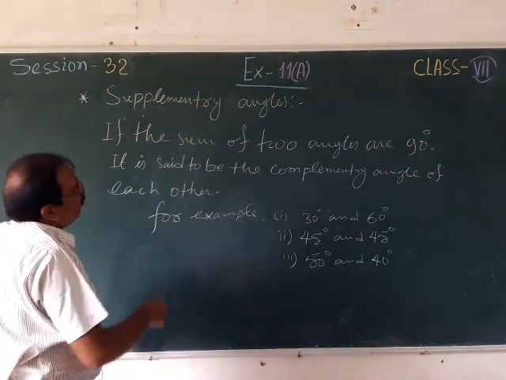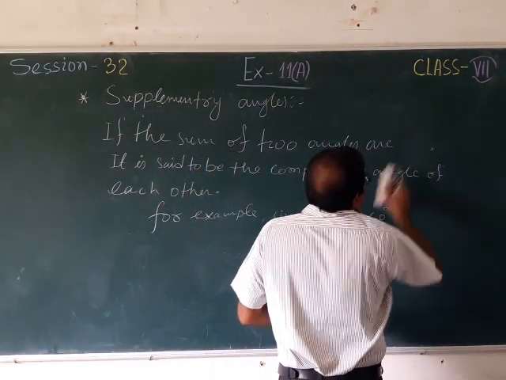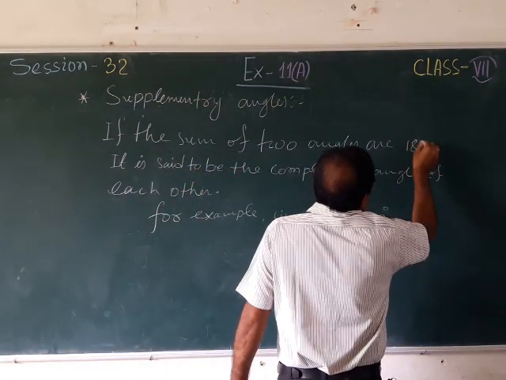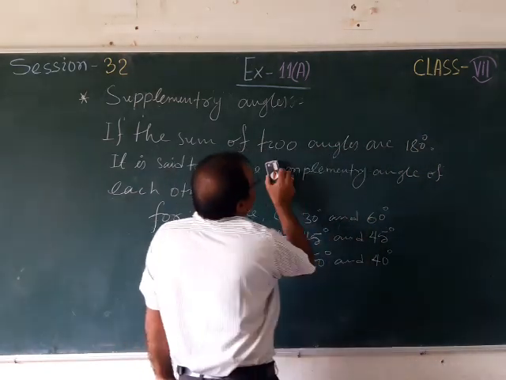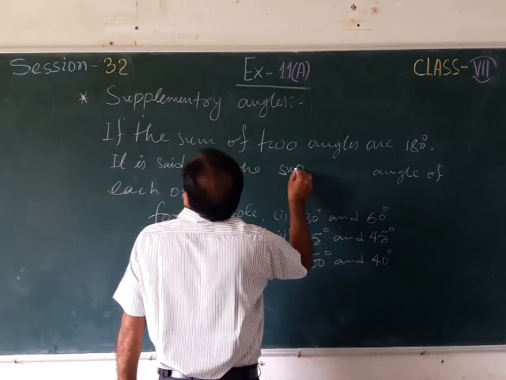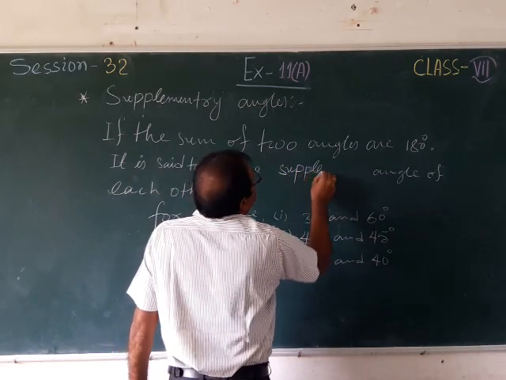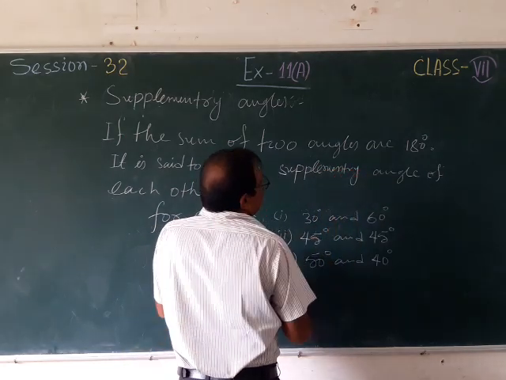Supplementary angles: if the sum of two angles is not 90, it should be 180 degrees. The sum should be 180 degrees, and they are said to be supplementary angles.